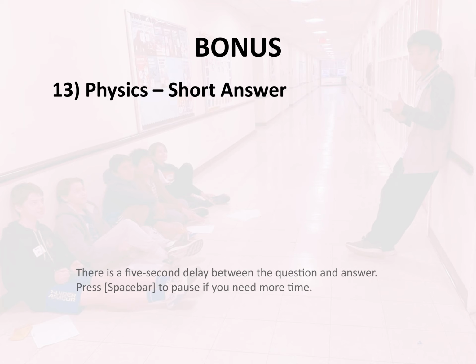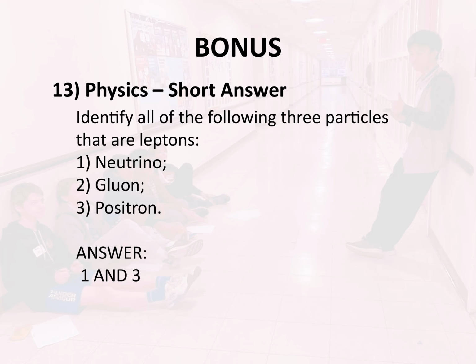Bonus 13. Physics, short answer. Identify all of the following 3 particles that are leptons. 1. Neutrino 2. Gluon 3. Positron. Answer: 1 and 3.